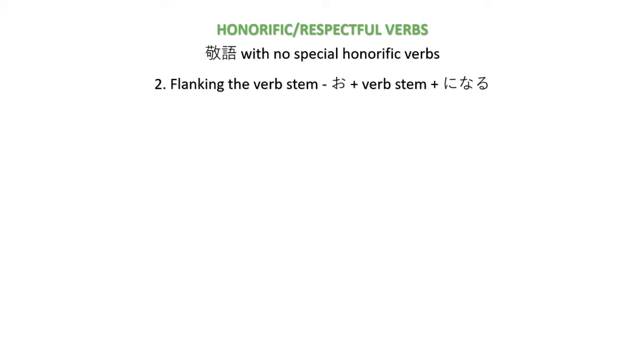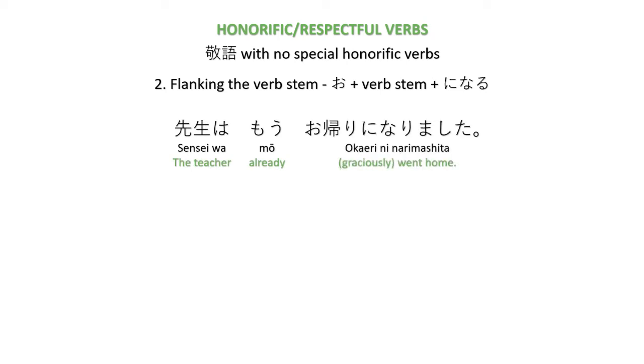We can also use the rule o plus verb stem plus ninaru. We flank the verb stem with o and ninaru. 先生はもうお帰りになりました. お帰りになりました is the respectful honorific equivalent of 帰りました.